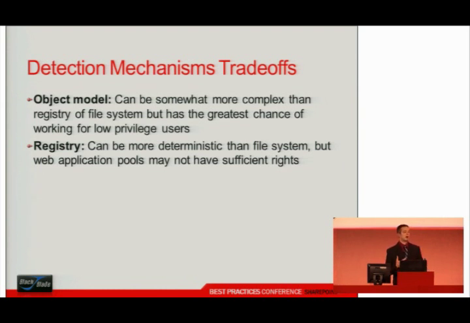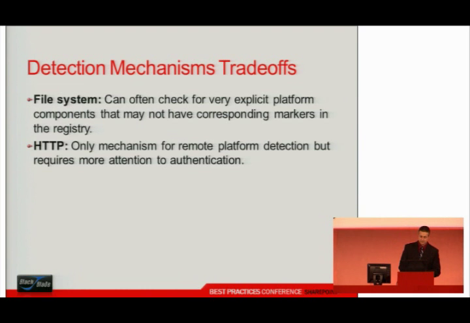Unless you elevate permissions, you may not have permissions to read particular keys out of the registry. And of course, my favorite is the HTTP method, because that's the only mechanism you can really use to check something on a remote endpoint. Okay.